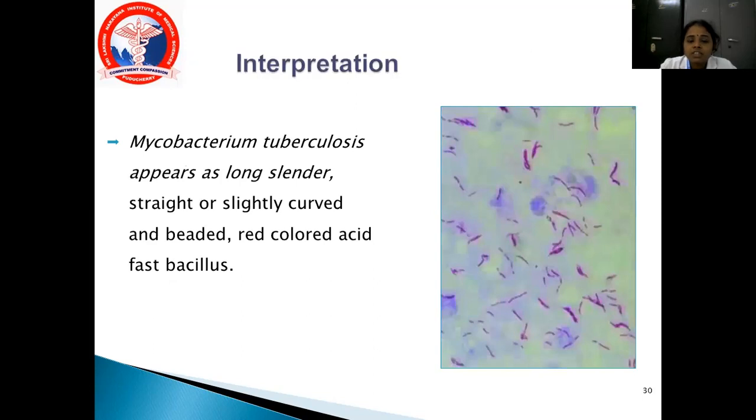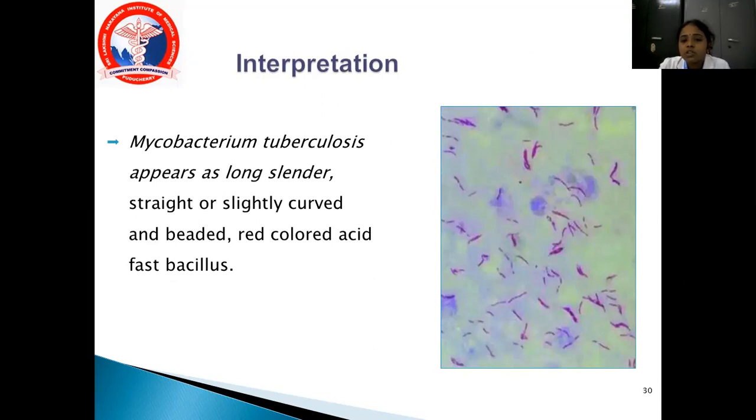In interpretation, Mycobacterium tuberculosis appears as long, slender, slightly curved and beaded, red colored acid-fast bacilli. See the picture, it is a long bacillus. This is also one of the differential stains I mentioned.